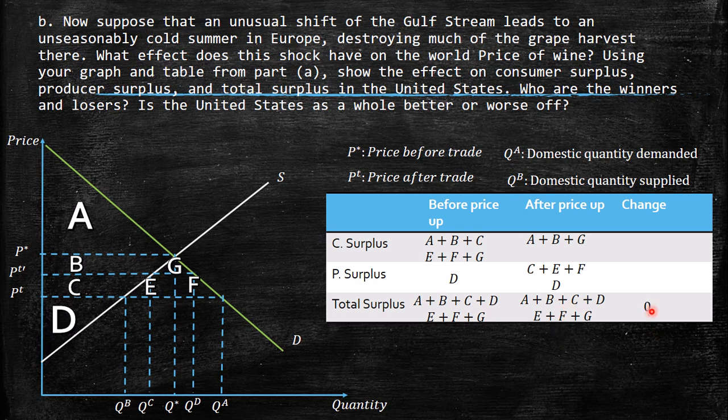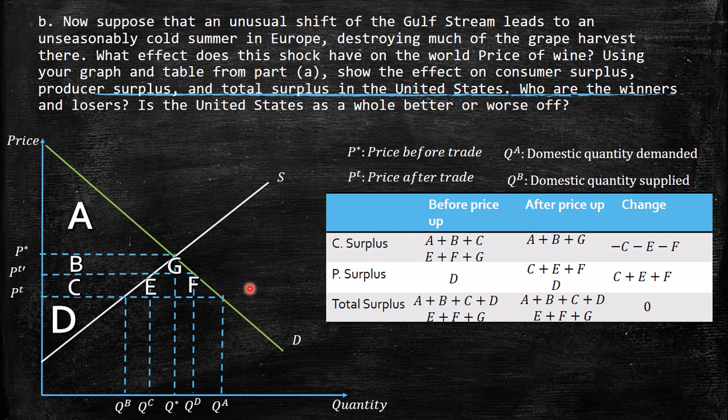Naturally, the change is going to be minus E and minus F. The producers are going to be better off, but not by E plus F; the change is going to be C. So the producer surplus is better by C. Consumers are going to be worse off because they will lose all this, and the total change is going to be minus E and F.